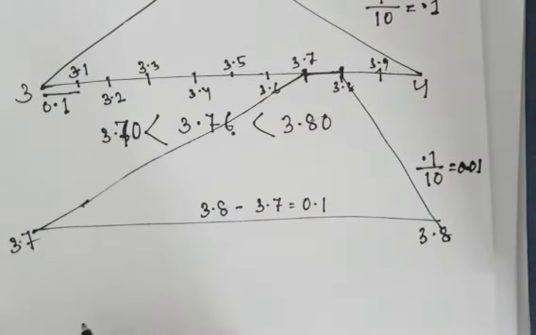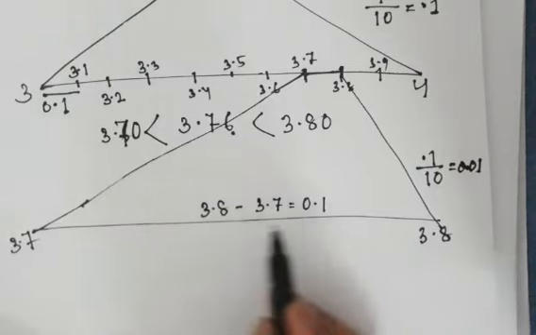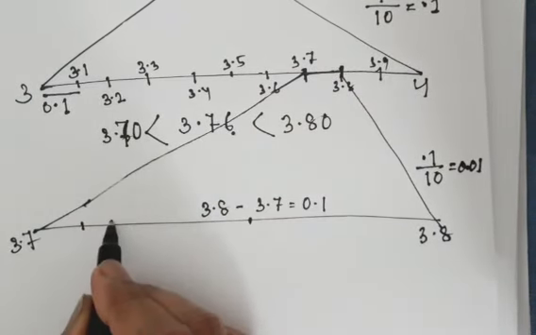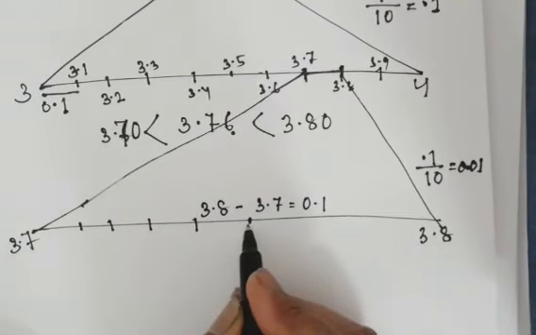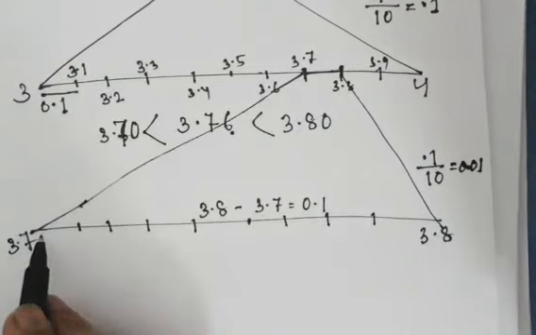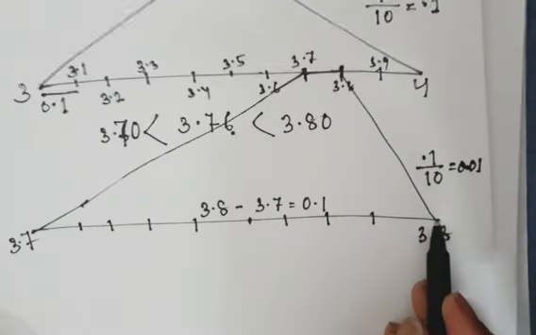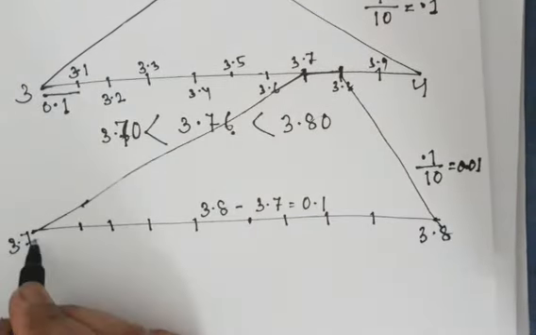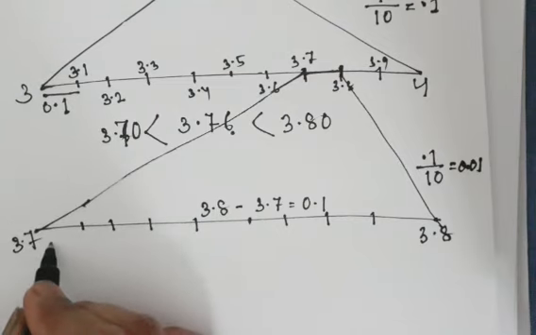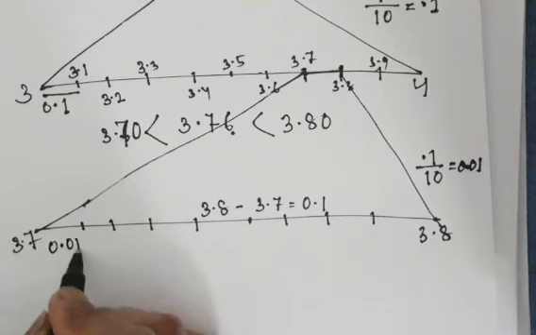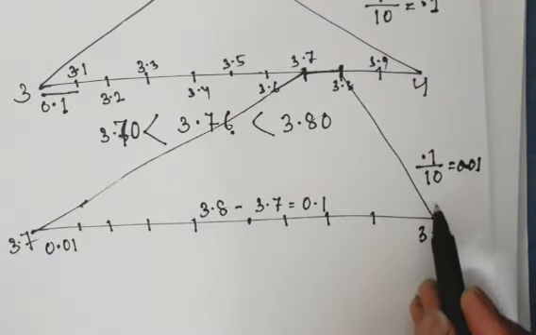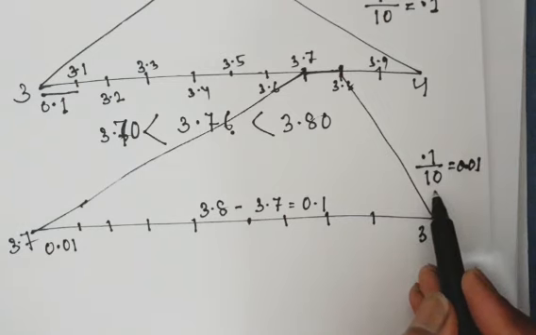If I divide this line segment into 10 equal parts, 1, 2, 3, 4, 5, 6, 7, 8, 9, the length of each part is 0.01, because the length is 0.1 unit divided into 10 equal parts.